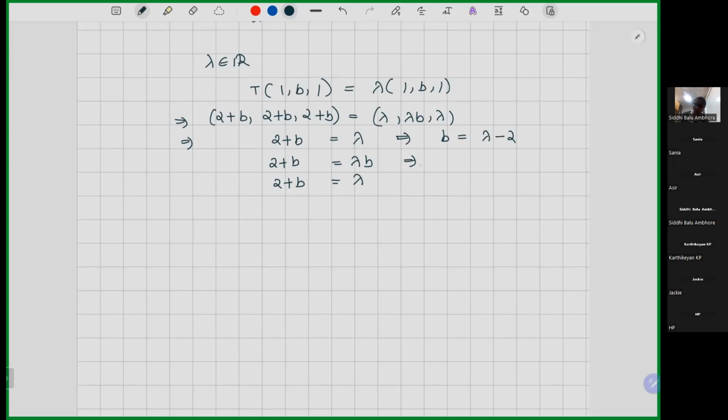And if I substitute it here, I will get 2 plus lambda minus 2 is equal to lambda b. B is again what? Lambda minus 2.